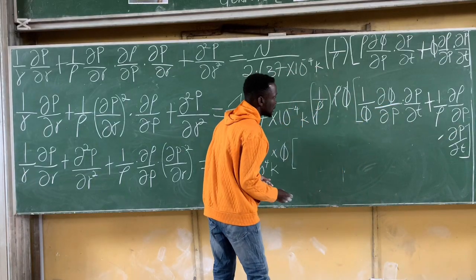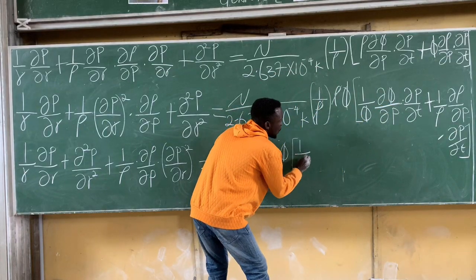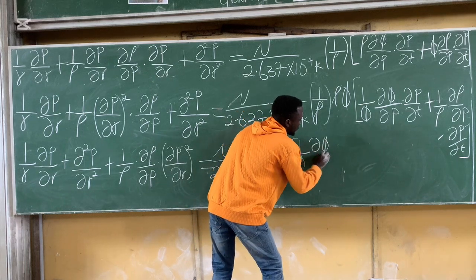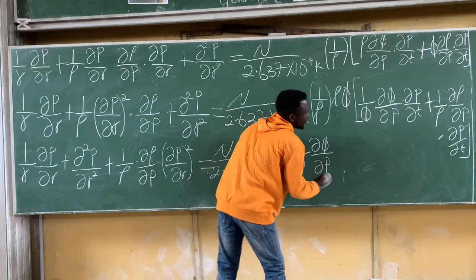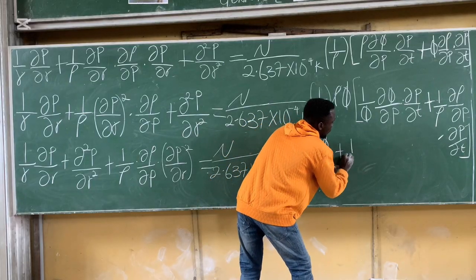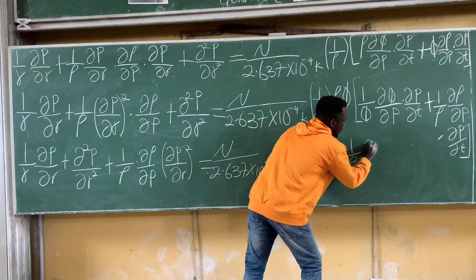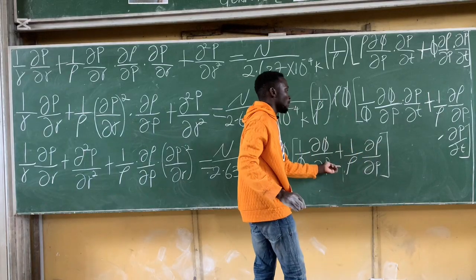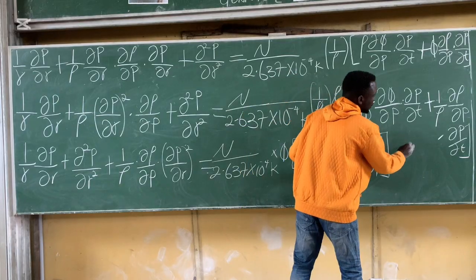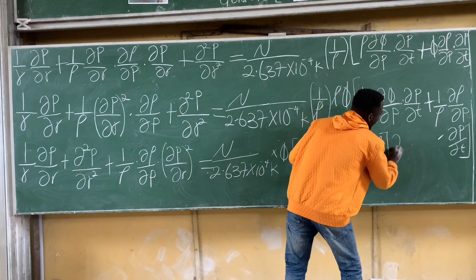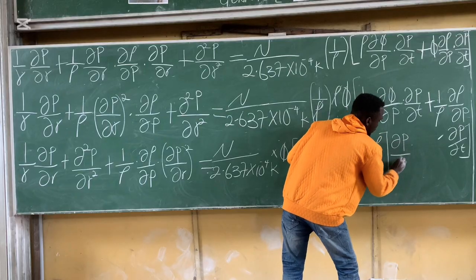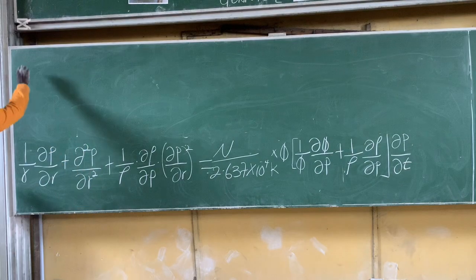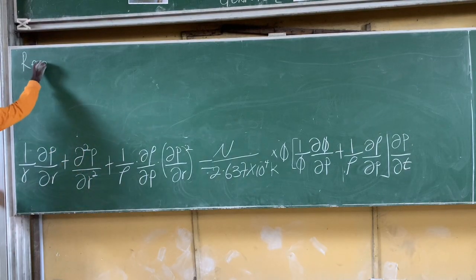So if we factor ∂p out, we're going to have 1 over phi into ∂φ over ∂p plus 1 over rho ∂ρ over ∂p. Close the bracket. Remember that we factor out what? ∂p/∂t. So here we are going to have ∂p/∂t. So we have this total compressibility equation.